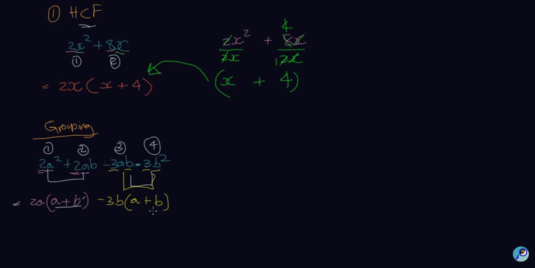We see we have 3AB here, it means A plus B here and here A plus B. So which means the A plus B is still common. So I imagine as if maybe we have big brackets. So we start out with A plus B. Did you hear me say A plus B, it's A plus B. And then here we start with A plus B, so we have 2A. And then here we start with A plus B, so we have minus 3B.